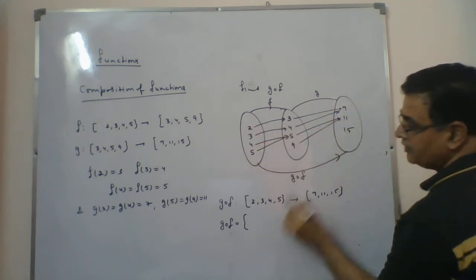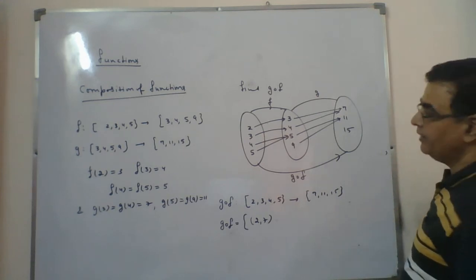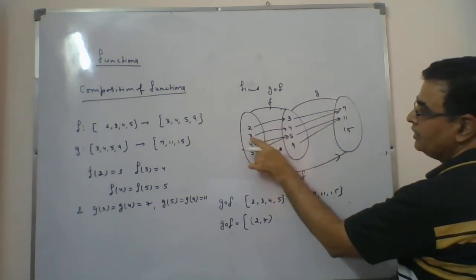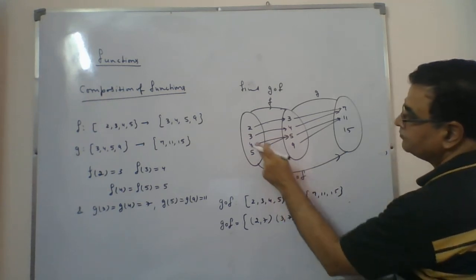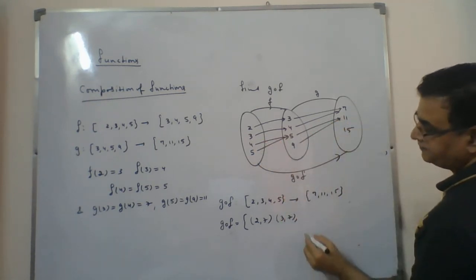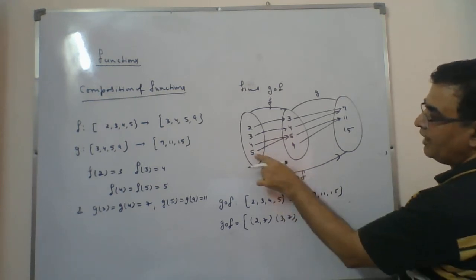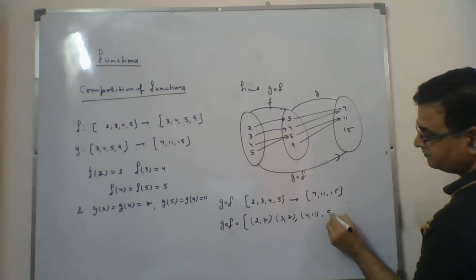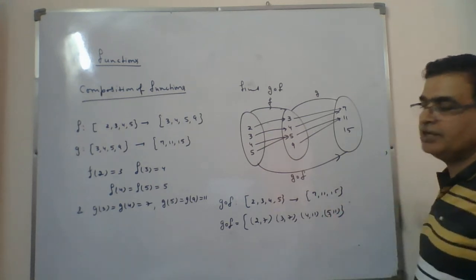So 2 will have the image 7. So we will say (2, 7) is the first pair. 3 again going with 7, 4 will be going with 11, 5 again going with 11. Then this is called G composition F.